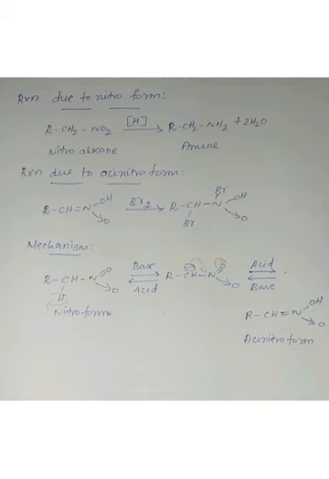Okay. Next, the mechanism. How is the nitro form converted to the acinitro form? First, you take the nitro form RCH2NO2 in the presence of a base. What is the role of the base? It easily abstracts the proton. It abstracts the proton from the nitroalkane and converts it to a carbanion. Then it reacts with the acid.